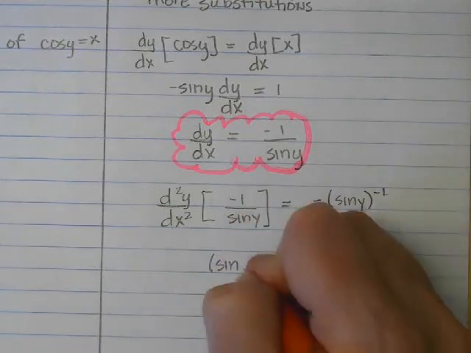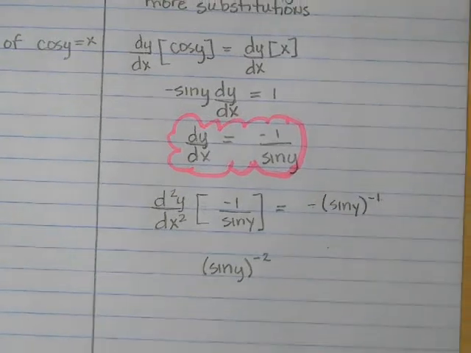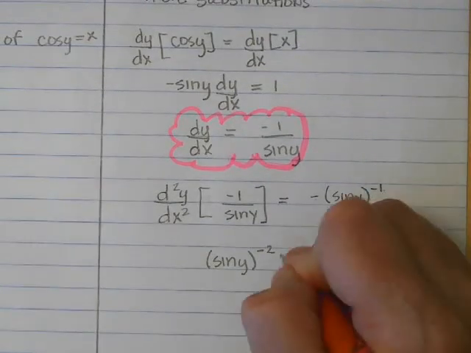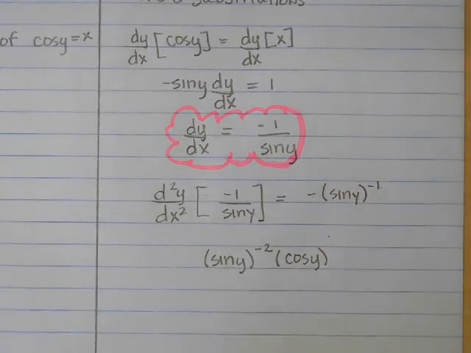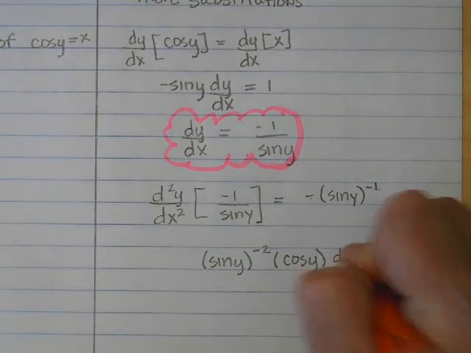So I'm going to leave the baby in, and it's going to go to negative 2. Okay, now I'm doing my chain. So I'm on the inside. Well, the derivative of sine is cosine. And I got to leave the baby in, which is y. Okay, and then I got to take the derivative of y, which is dy dx.